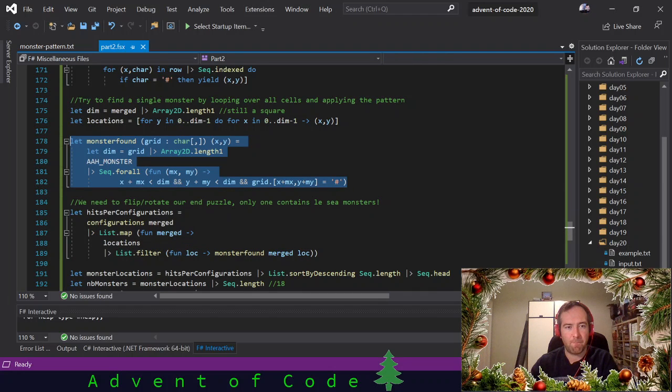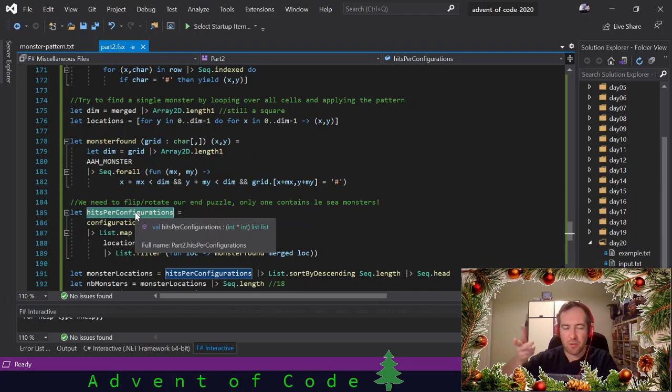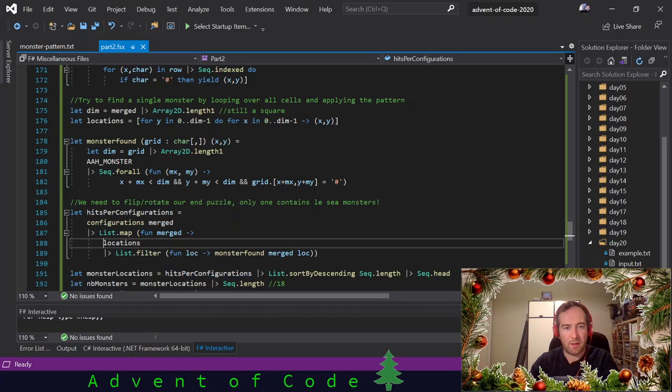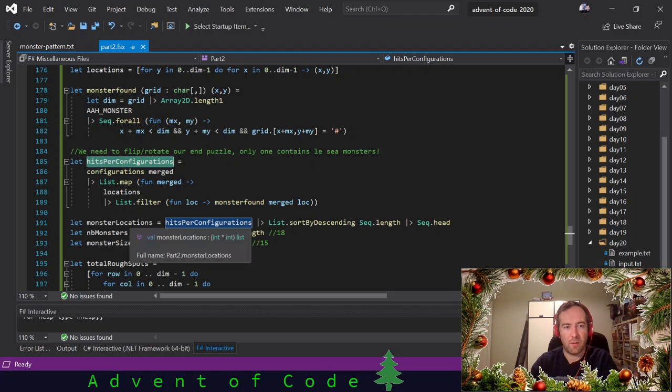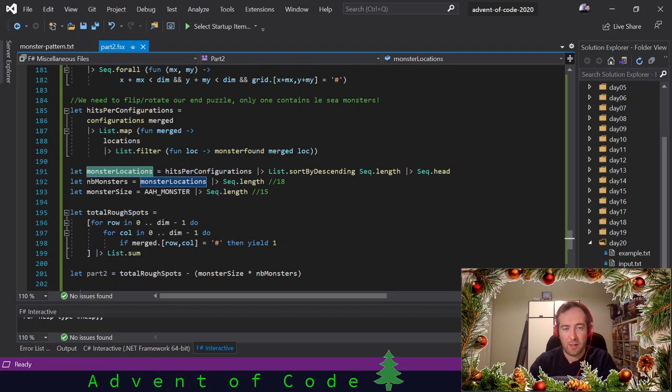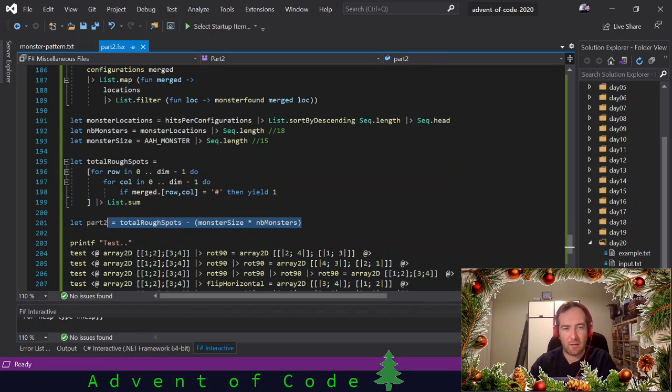So I look at every possible rotation of the final puzzle, and then I just loop over every XY coordinate in that puzzle, and I see if this location matches with the monster pattern, and that's how I calculate the number of monsters. And if you know how many monsters there are, you know how many rough waters there are in your puzzle, then you can calculate how many rough spots remain that are not monsters. And there you go.